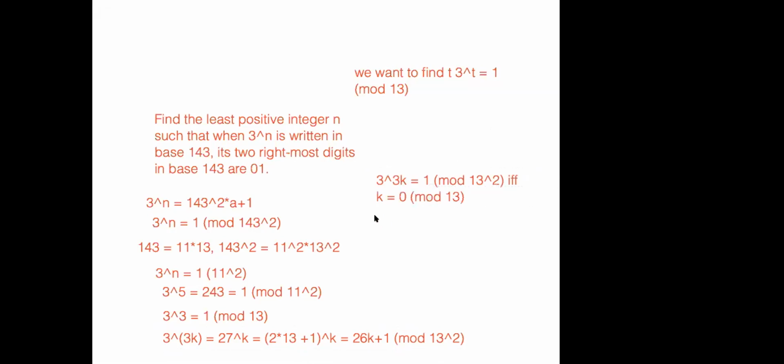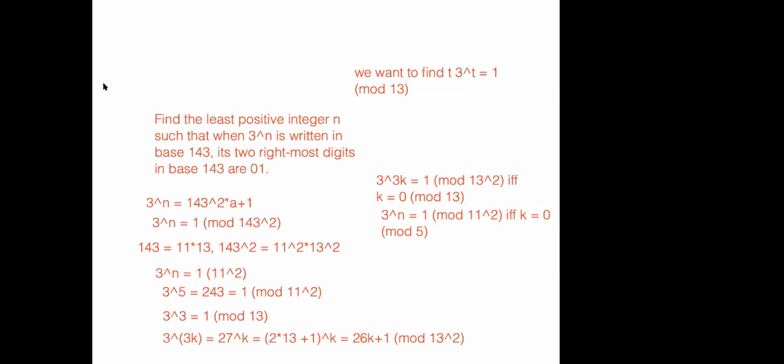So we know this thing. And from earlier we know that 3 to the n is congruent to 1 mod 11 squared if and only if n is a multiple of 5, because we have here that 3 to the 5th, which is 243, is congruent to 1 mod 11 squared. So what does this tell us?